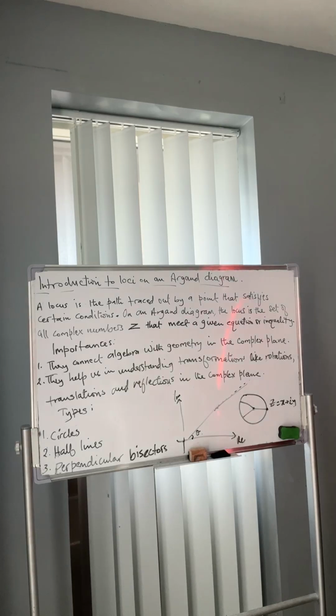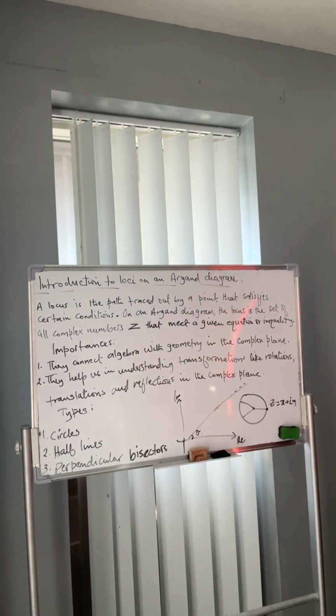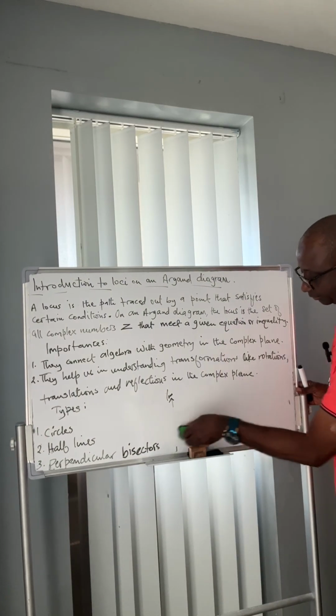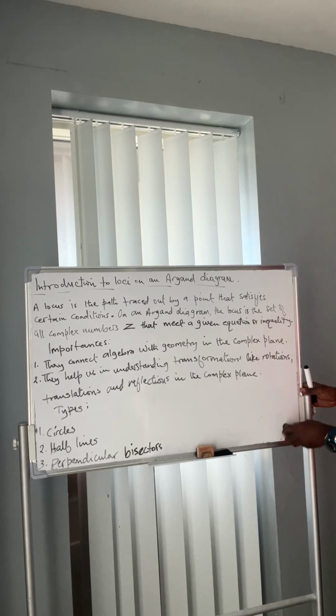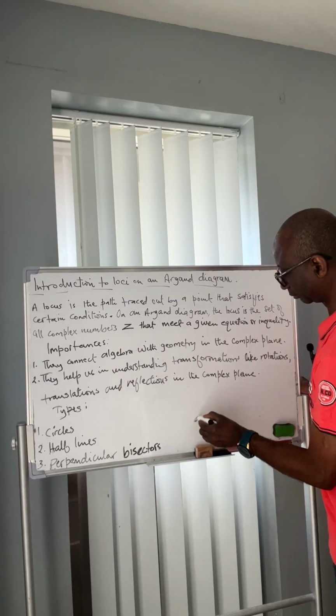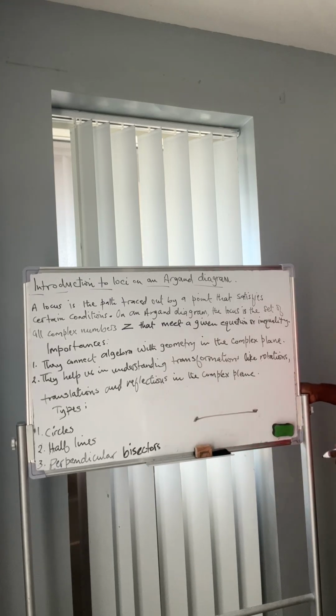And again, the third one we're going to look at, perpendicular bisectors. So what is that, perpendicular bisector? Simply means if you have two points, we have done this even in primary school, finding a bisector.